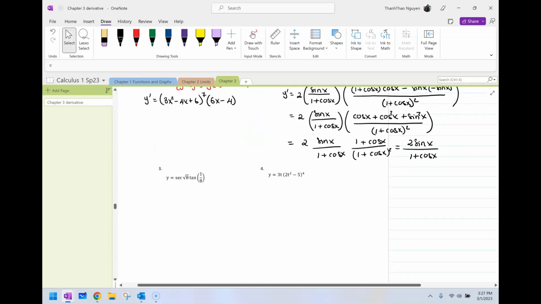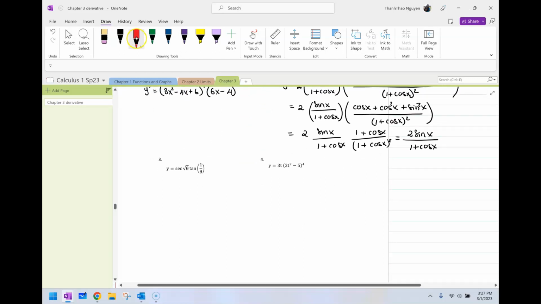In the next one, here we have the product rule, and we also have a composite function.